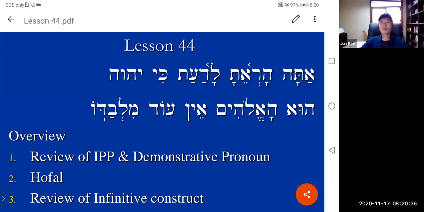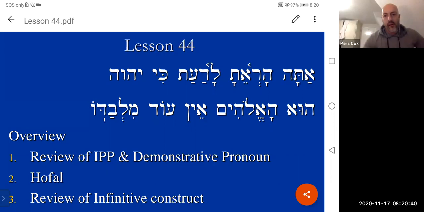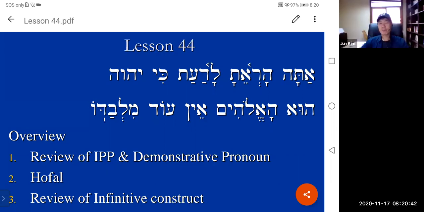Right, you're right. I talked about it dealing with preformative mem. So when we have preformative mem, that is the indicator of what? Participle. So there are 4 stems that can take this preformative mem of participle form.